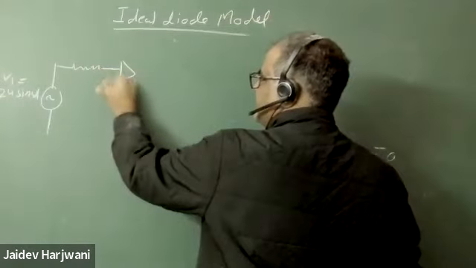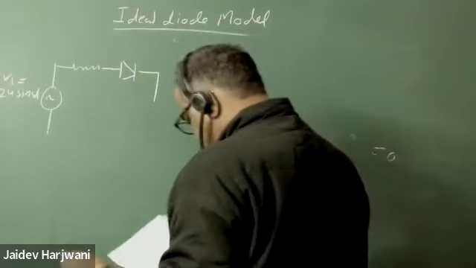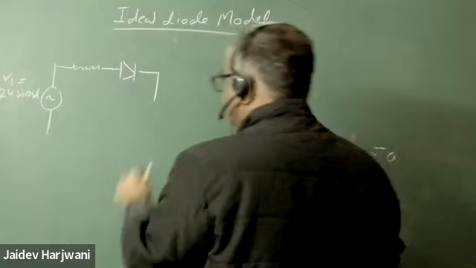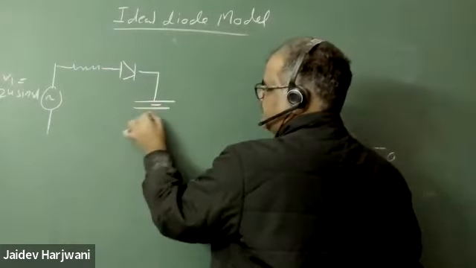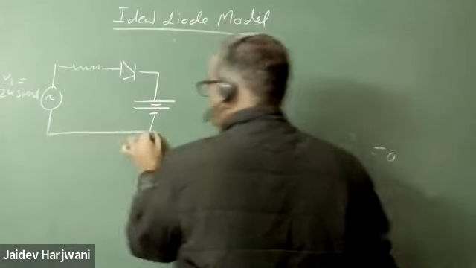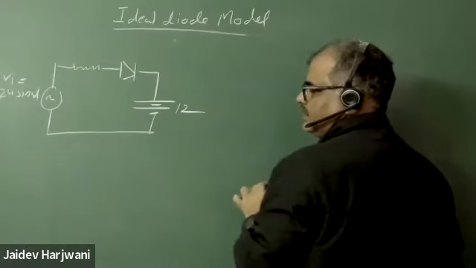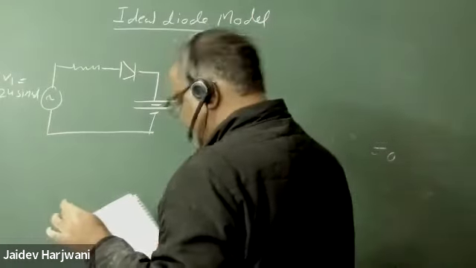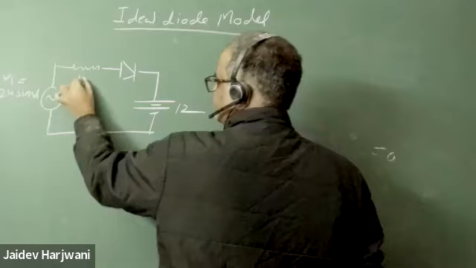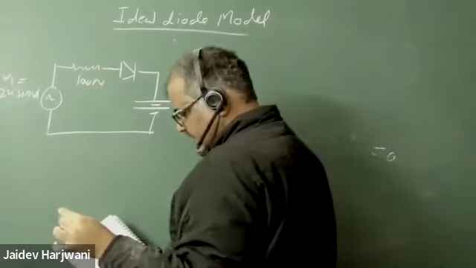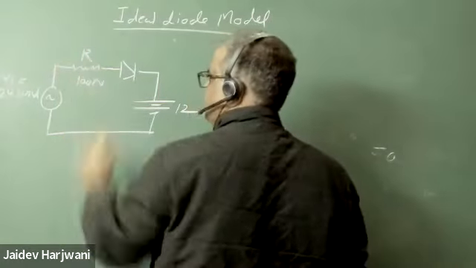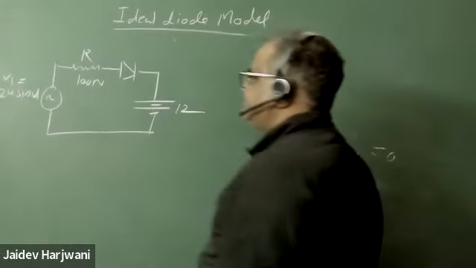You have been given a diode, and then a 12-volt battery here. And this is your 100 ohm, and this is your R.